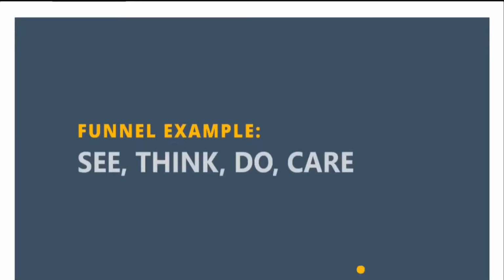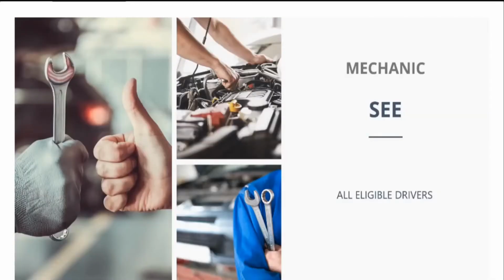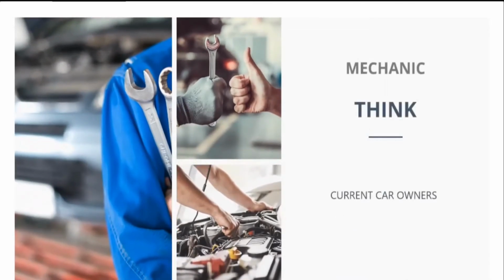So I'm going to take you through a funnel example for the See, Think, Do, and Care model using a mechanic. People in the See phase would be essentially all eligible drivers. So not just everyone, but everyone who is the legal age and over to drive a car. That is what or who See, Think, Do, Care would be targeting. If we move on to Think, that would be people who are current car owners.